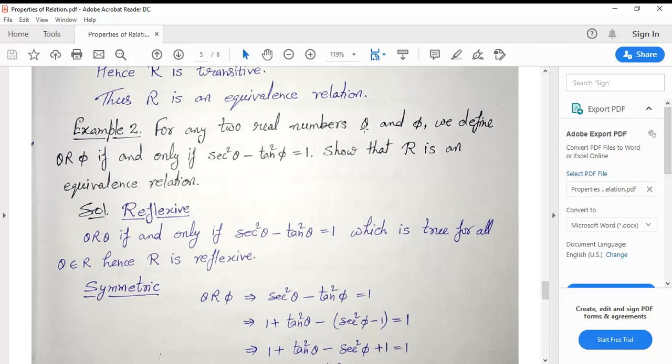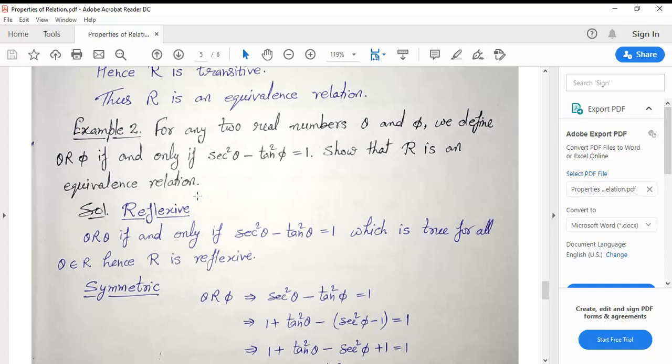So we take theta and phi elements, that is, theta is related to phi, in which the relation is that secant squared theta minus tan squared phi is equal to 1. So we have this relation R. Now show that R is an equivalence relation.